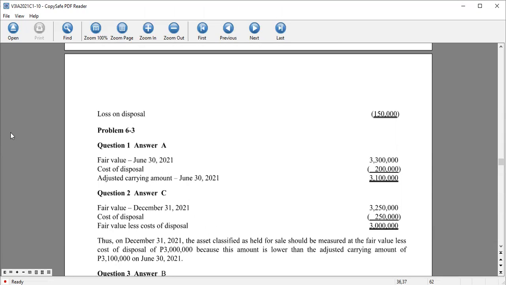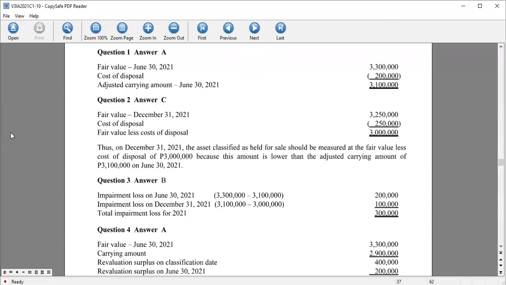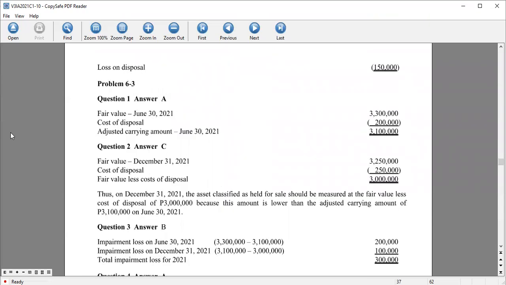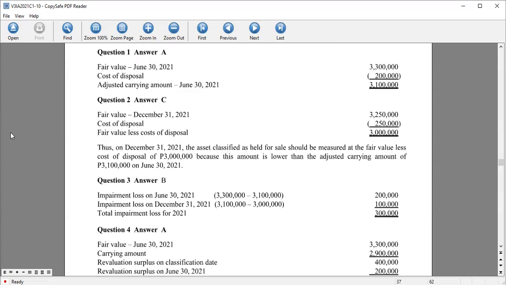Then problem 6-3 with 4 requirements. Number 1 is what is the adjusted carrying amount of the land on June 30, 2021? So for fair value, 3.3 million, we deduct the cost of disposal. So the adjusted carrying amount, answer is letter A. Question number 2. The adjusted carrying amount of the land on December 31, 2021.